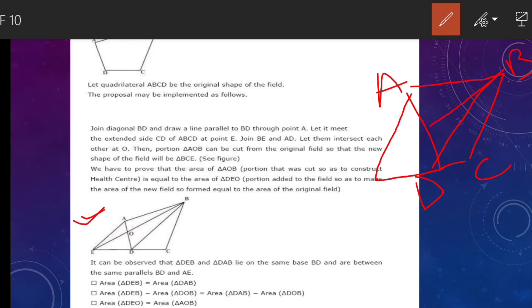So we have to join this line BE and it intersects at O. Let them intersect each other at O. Then the portion AOB can be cut from the original land. So AOB is the part which the panchayat will take away for the construction of the health center.